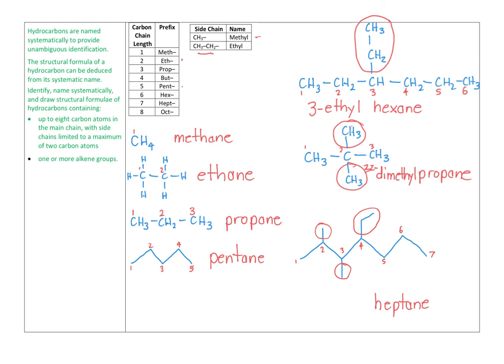So, which one do we do first? Well, when you decide between ethyl and methyl, you do it alphabetically. So, the first part of the name would be the ethyl. So that would be 4 dash. We put a dash between numbers and letters, and we put commas between numbers. 4 ethyl.